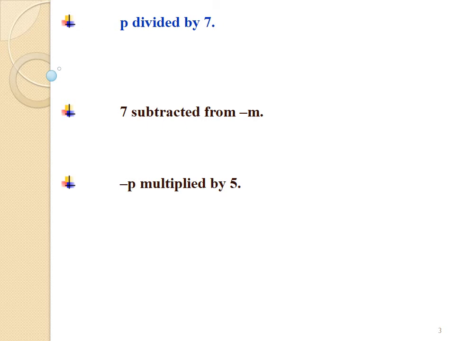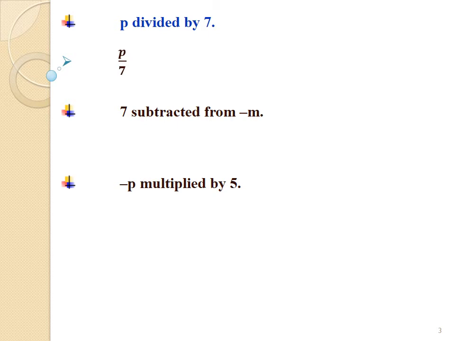So now let us write the expression for this statement. Thus, the expression for this statement is p upon 7. Students, note that you can also write this expression using divide sign.